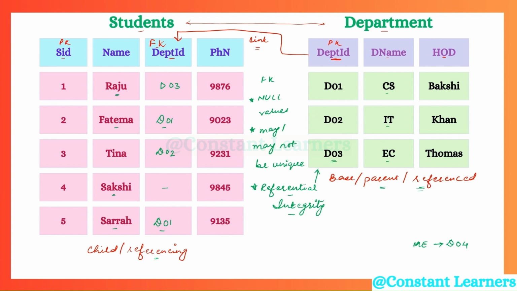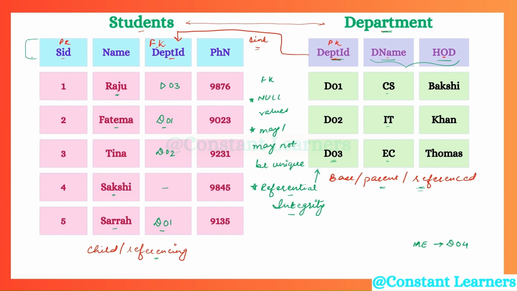Now, why do we need foreign keys? What is the purpose? So first one is to build the relationship between two or more entities, right? Also, it helps us to prevent data repetition. Like here, since we already have this department table, in which we have department ID, department name, and the head of the department, we don't need to add both of these columns everywhere with the students table.